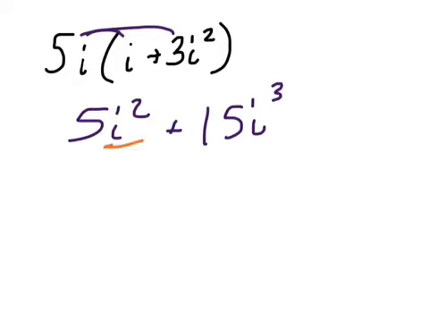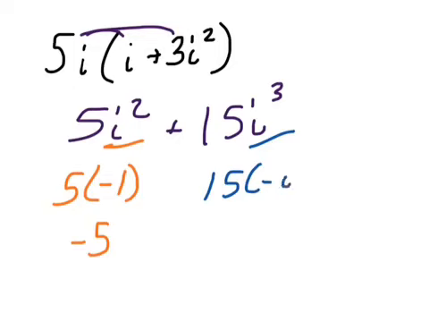So i squared is actually negative 1, so 5 times negative 1, which is negative 5. i cubed is negative i, so this is 15 times negative i, which is negative 15i.